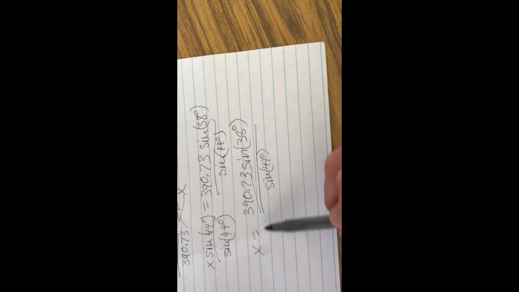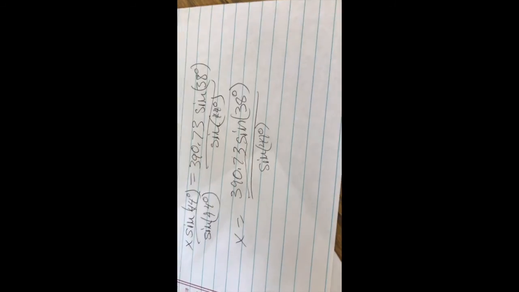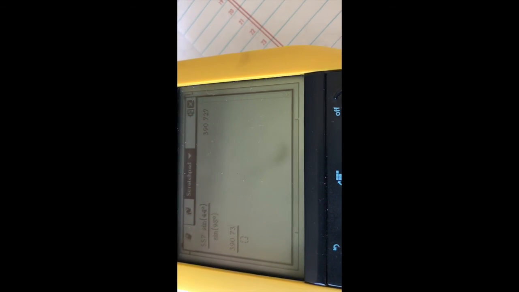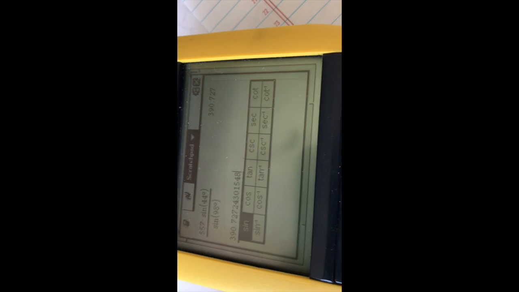Now we can use our calculator to find this. We're going to do the same thing we did with the first equation: divide the top by the bottom. For a more accurate number than 390.73, we could press up here and enter to get the actual number, then put sine, and then sine 38 degrees.